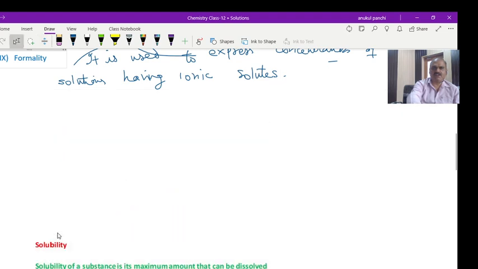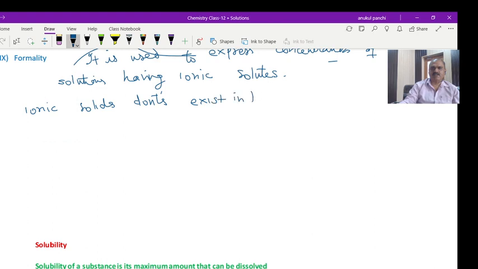What is the logic behind it? The logic is that ionic solids, solutes, do not exist in the form of molecules. Okay, let me write down. Ionic solids don't exist in the form of molecules.